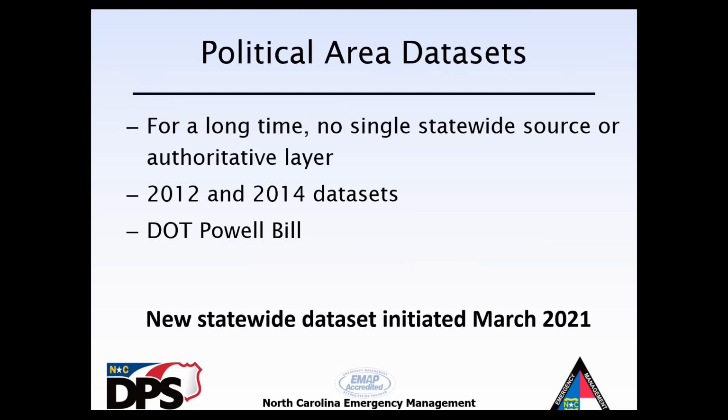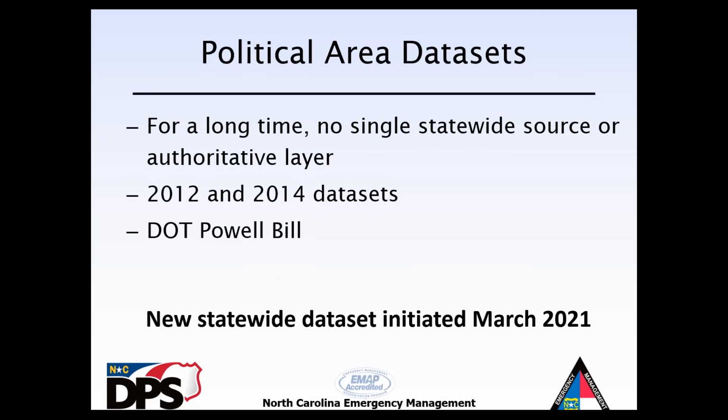So what we have put together is a single statewide data set containing up-to-date political boundaries. For many years, from what I understand, this kind of data set was not available. No one had put anything like it together. People for many years might be using data that they had downloaded over time, or they might have a good grasp on what was available in the nearby counties.